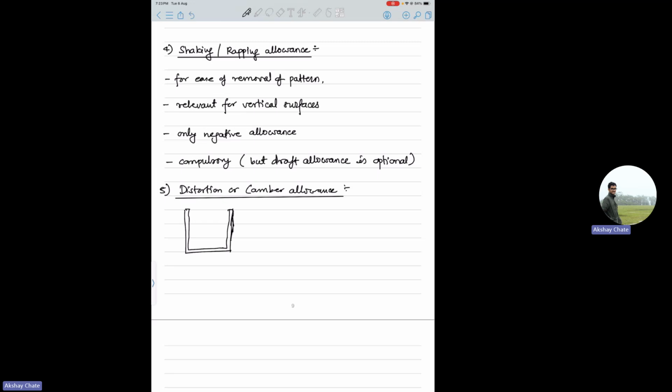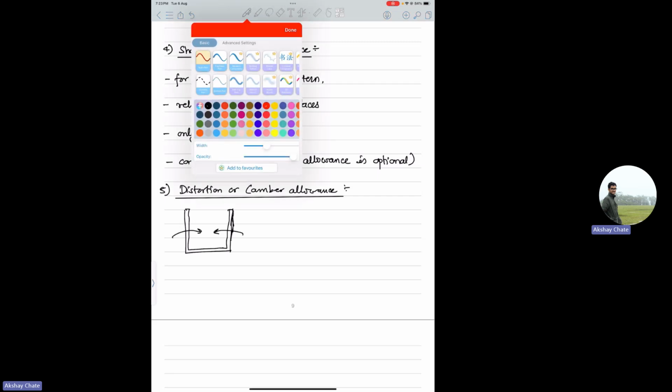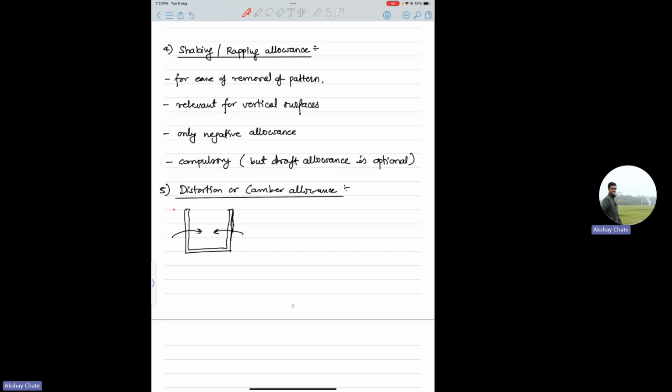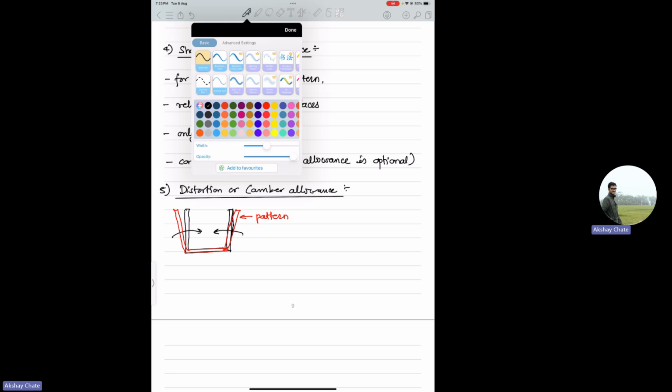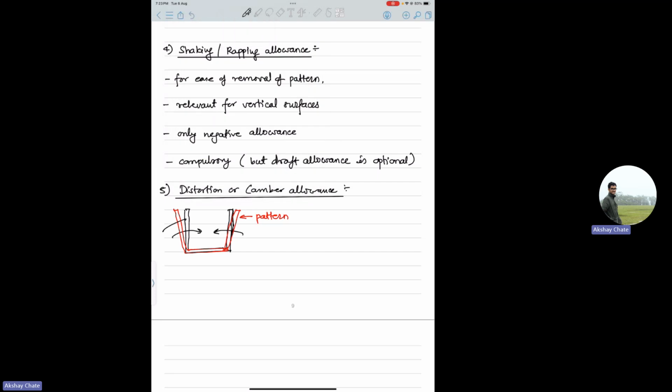What happens when it solidifies? It typically bends inwards. So to avoid this, for such limbs, typically vertical or prone to shrinkage kind of defects, you make the pattern like this. The horizontal ones remain as they are. So this is your pattern, and we have given the distortion allowance, and this is your actual casting.